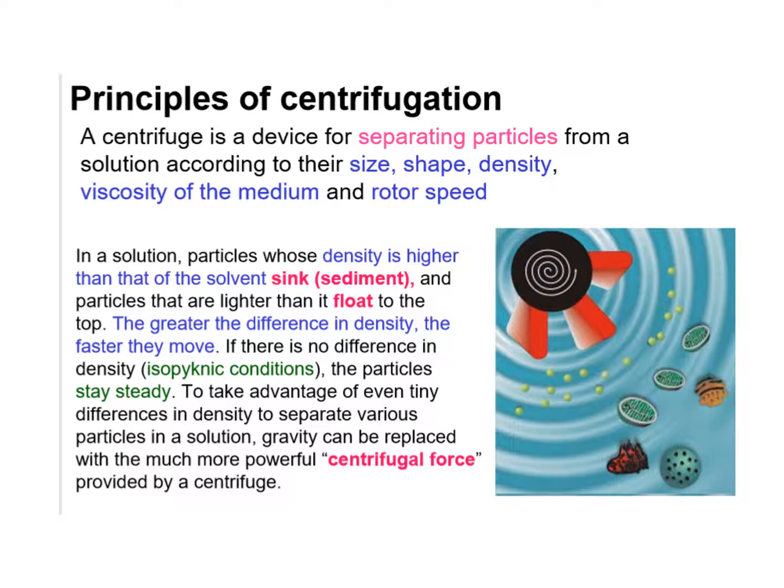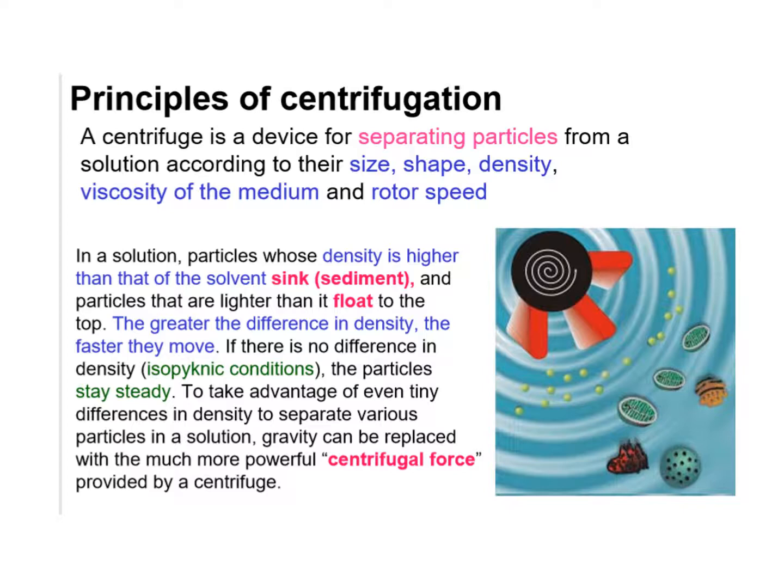So this is a cartoon showing a rotor. A rotor contains samples, and this little circular curlicue is rotation. And then it shows the different densities, and you can see kind of the size, and here's kind of the smallest density.